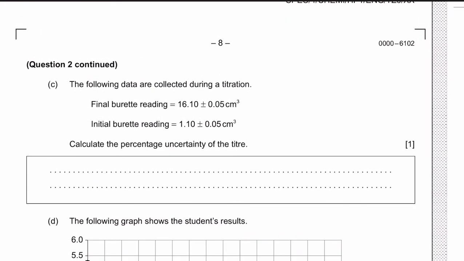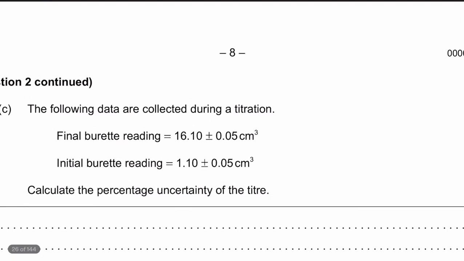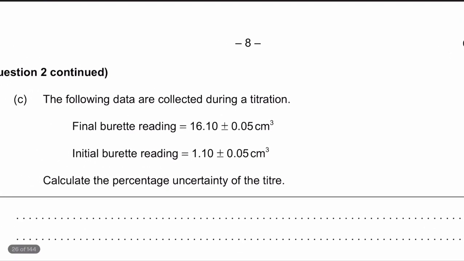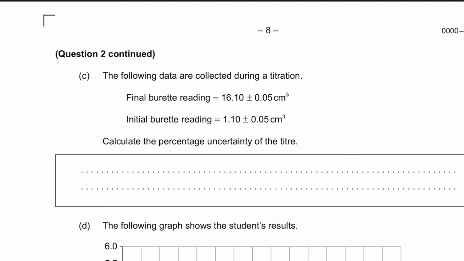We have this data from a titration. Percentage uncertainty of the titer. We have a final burette reading of 16.1 plus or minus 0.5, and an initial reading, and we need the percentage uncertainty. The combined uncertainty of both readings is going to be 0.1.